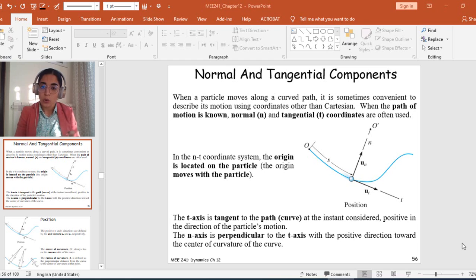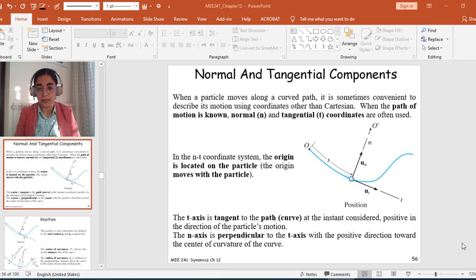So far, guys, we have expressed the curvilinear motion using rectangular components, which means I have represented my position in terms of x, y, z, my velocity in terms of vx, vy, vz, and my acceleration in terms of ax, ay, az in the i, j, k frame.